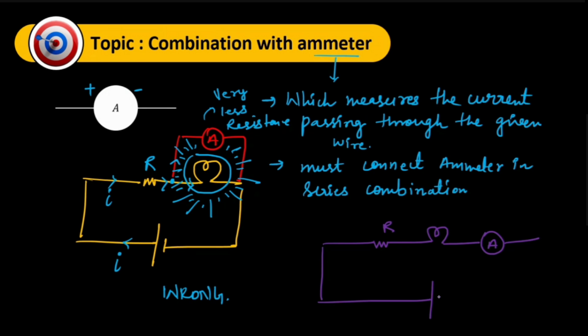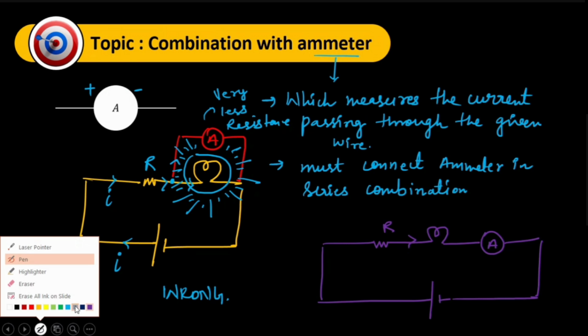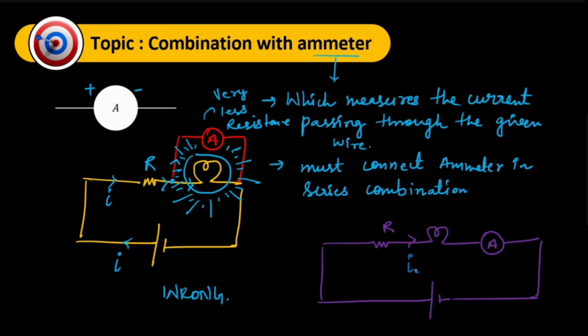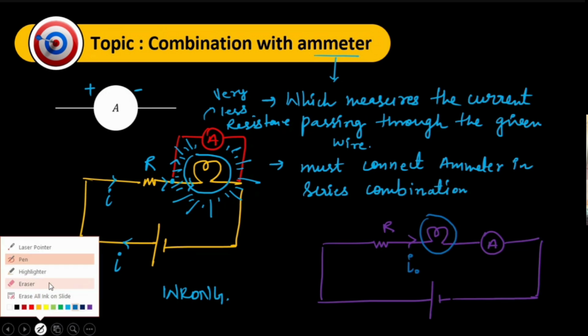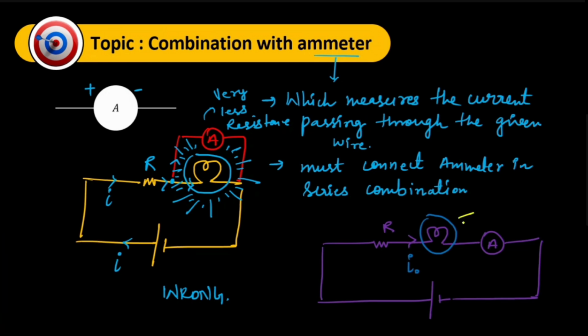Because if we apply ammeter, then only we can find out how much current is actually passing through this bulb. Along with that, with how much current is passing through the bulb, we can also find out how much power it is consuming. That we'll be doing in the later phase of this lecture. But as of now, we'll be looking at how we can calculate the current passing through it.